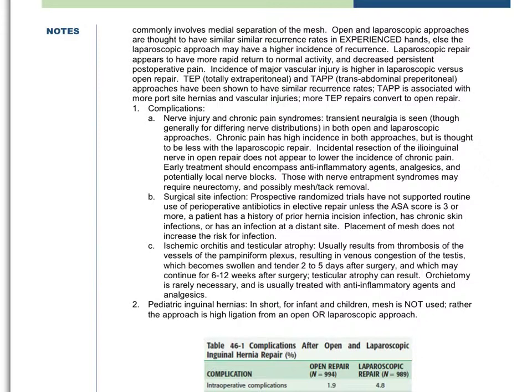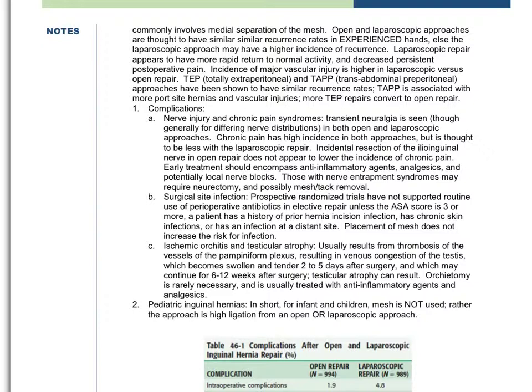The initial transient neuralgia and pain seem to be equal between open and laparoscopic surgery, but the overall incidence of chronic long-term pain appears to be less in laparoscopic repair.